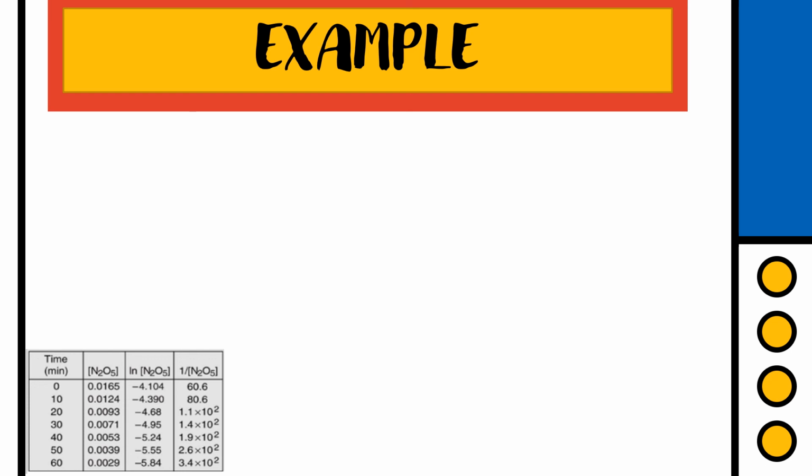So you need to set the table here and have all the data, because as you know, for the zero order reaction, it's concentration against time. For the first order reaction, ln concentration against time, and for the second order reaction, 1 over concentration against time. So plot it one by one.